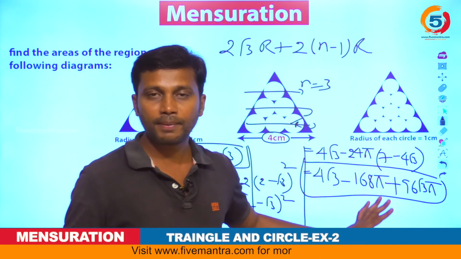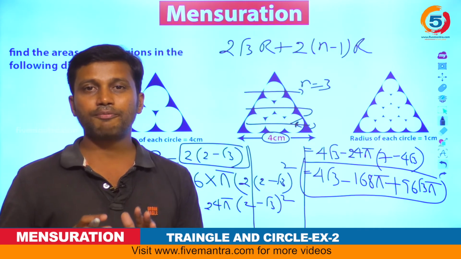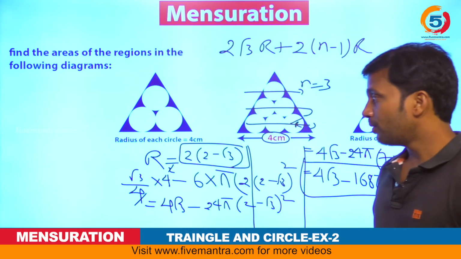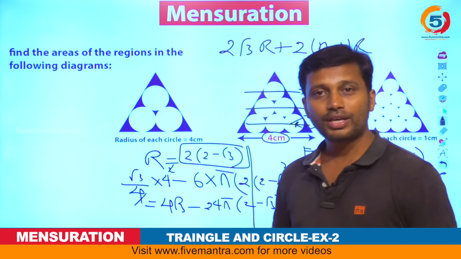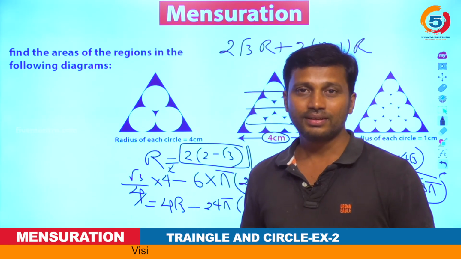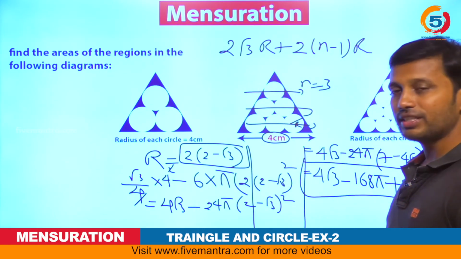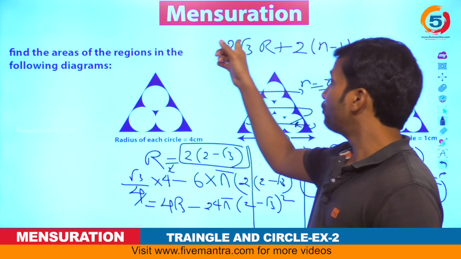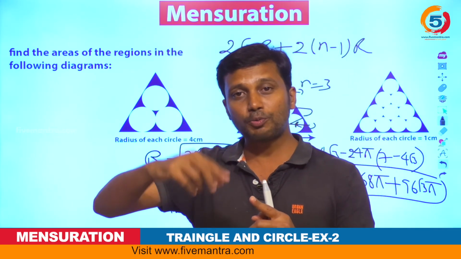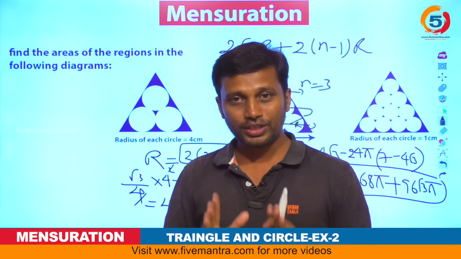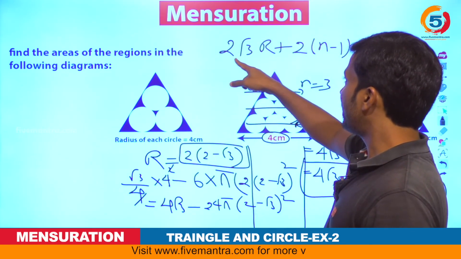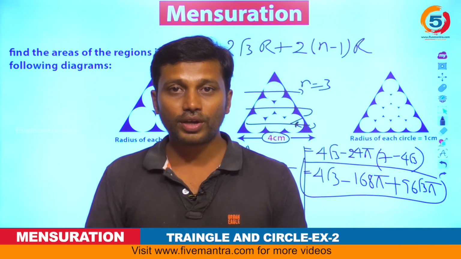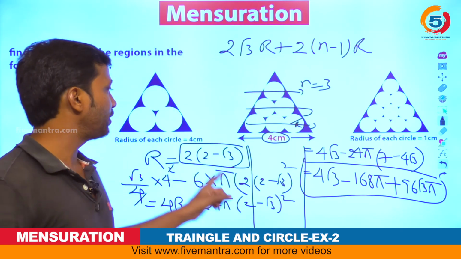Remember, you need to apply carefully for this kind of problems, this kind of patterns. You will get long answers only. And one more thing you need to take care of: you could find the radius very fast, even though this involves some 2 to 3 steps. If you don't have a technique to find the radius like this, then it will take some more process in addition. So here the side of the triangle, 2 root 3 r plus 2 into (n minus 1) r, is helping us avoid the process of finding the radius.